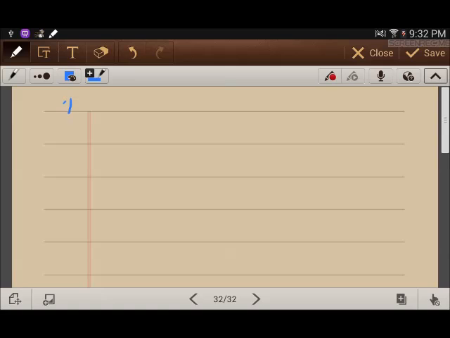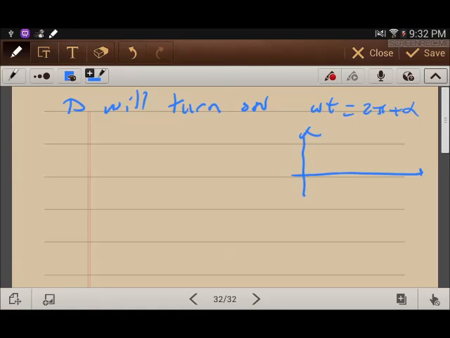So diode D will turn on when omega t is equal to 2 pi plus alpha. And in the graph I showed it to you earlier that it's going to be this, which is 2 pi plus alpha.